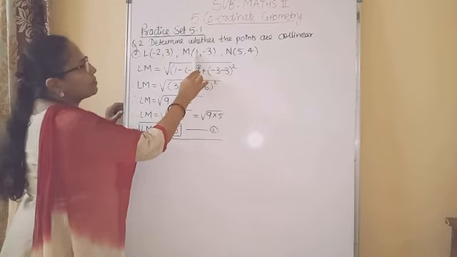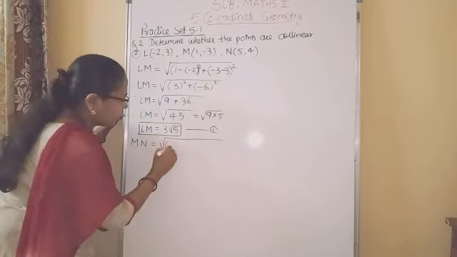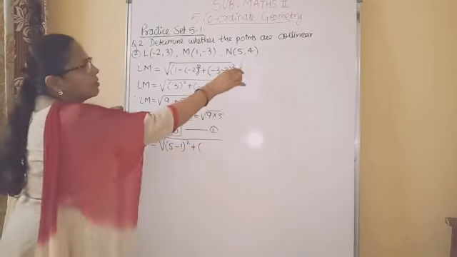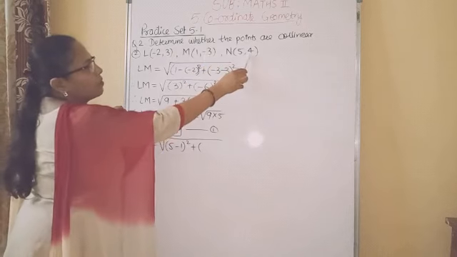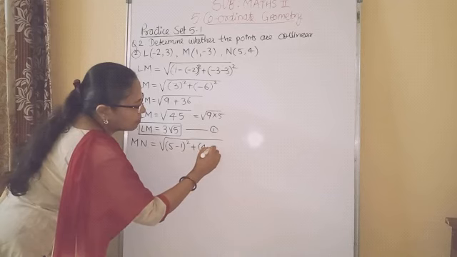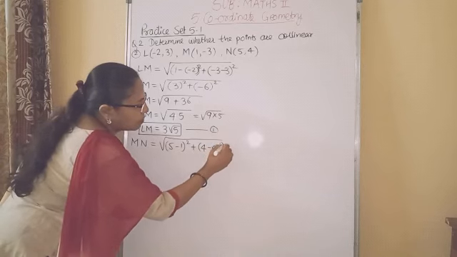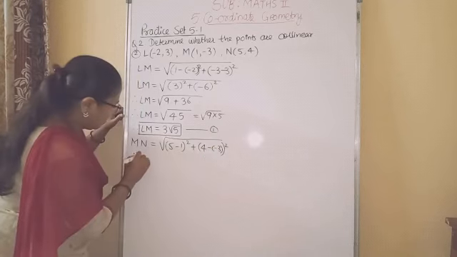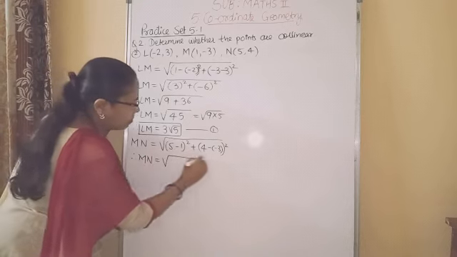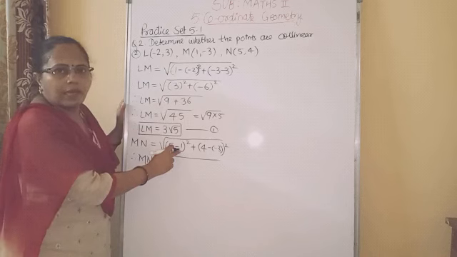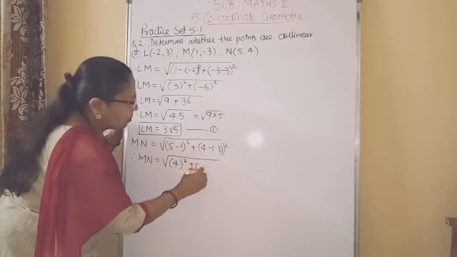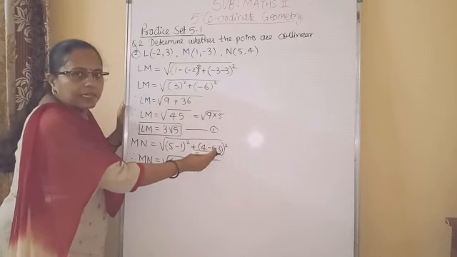x2 minus x1 square, 5 minus 1 square, plus y2 minus y1, 4 minus minus 3 square. Five minus 1 is 4. Minus into minus is plus.